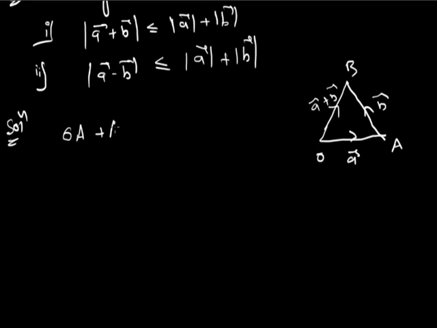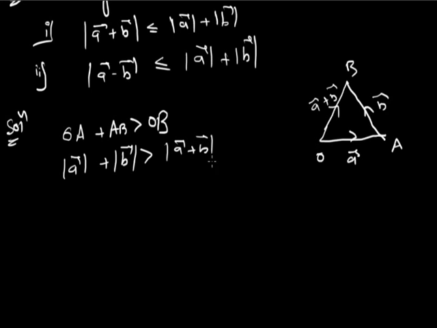So OA plus AB is greater than OB. OA is the magnitude of a vector, AB is the magnitude of b vector, which is greater than OB, the magnitude of a vector plus b vector.